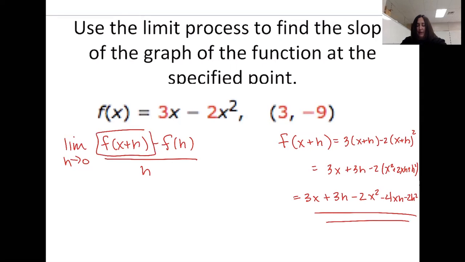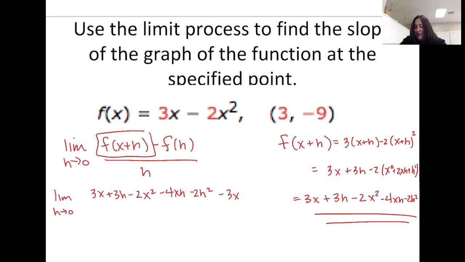So really this is the value that we're going to plug in for that part of the formula. We're going to say the limit as h goes to 0 of 3x plus 3h minus 2x squared minus 4xh minus 2h squared minus my function. Well, what we have to be careful of is we are switching our signs on both pieces.